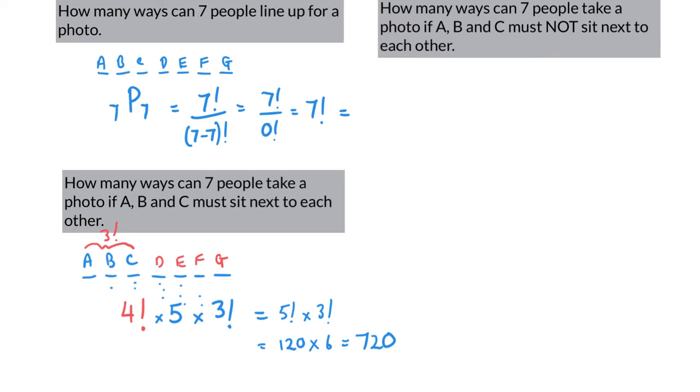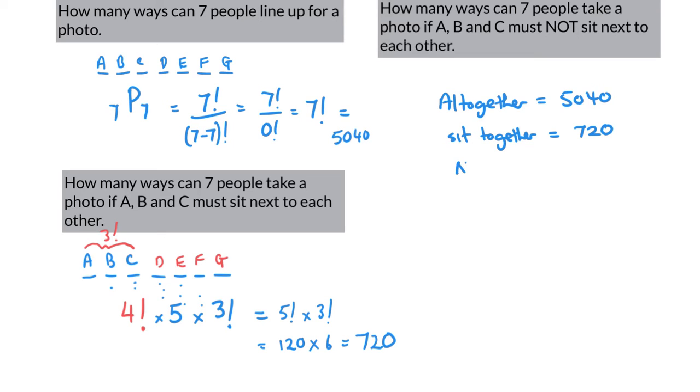So another good question, how many ways can 7 people take a photo if A, B, and C must not sit next to each other? Well, it's actually quite easy because we know that the answer to this one was 5,040. So altogether equals 5,040. Sit together, this is A, B, and C, equals 720.